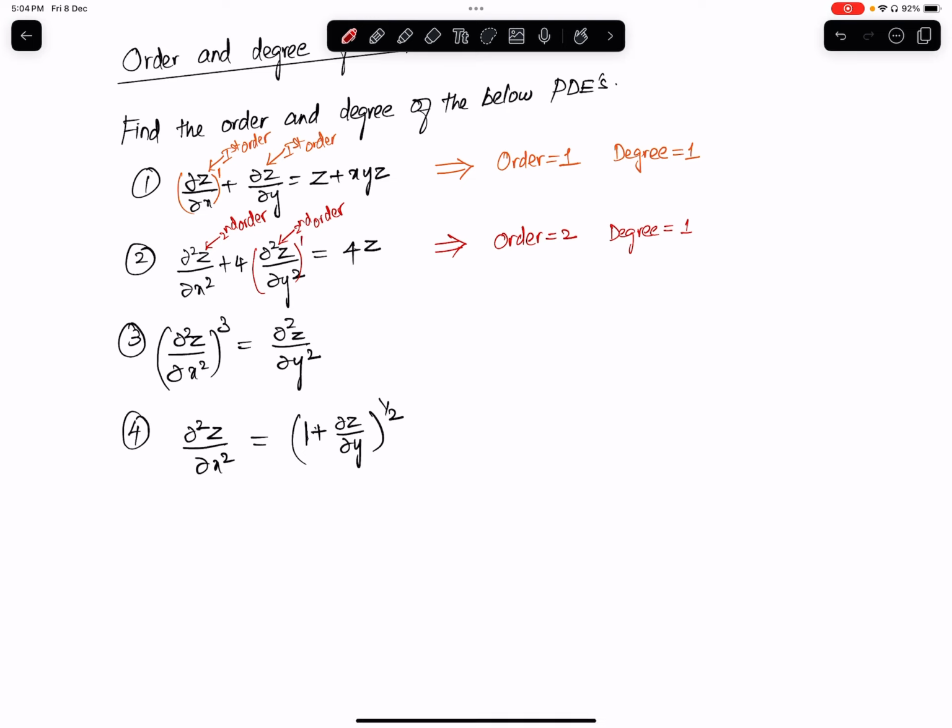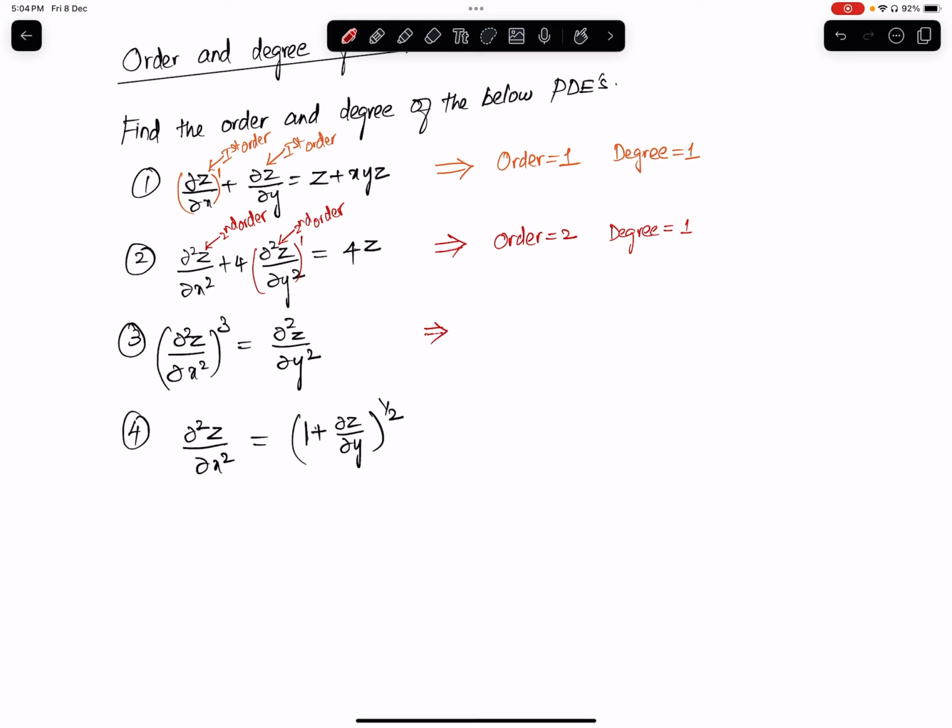Whenever you want to find the degree, in a simple way it is the highest power of the highest derivative. If in one place we have one and in another place we have two, you have to take the highest power of the highest derivative. Don't forget.